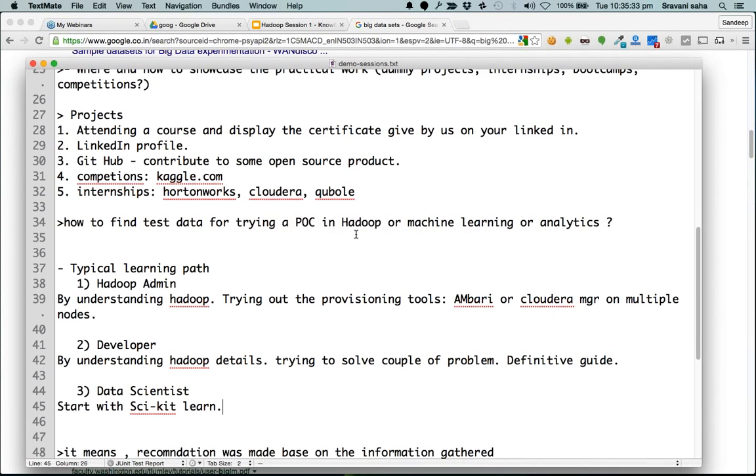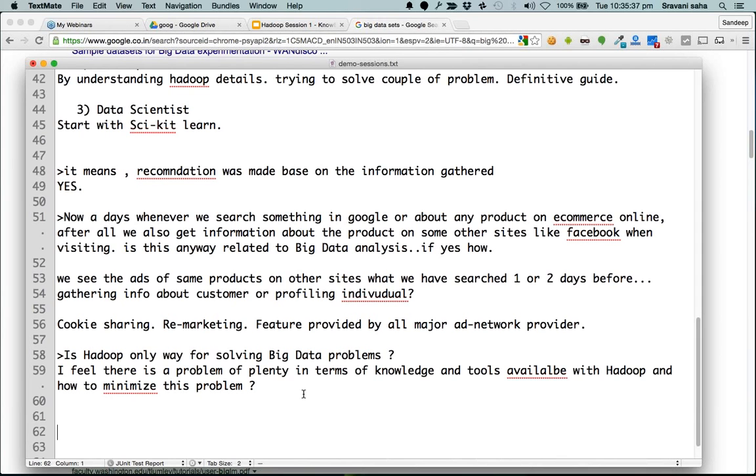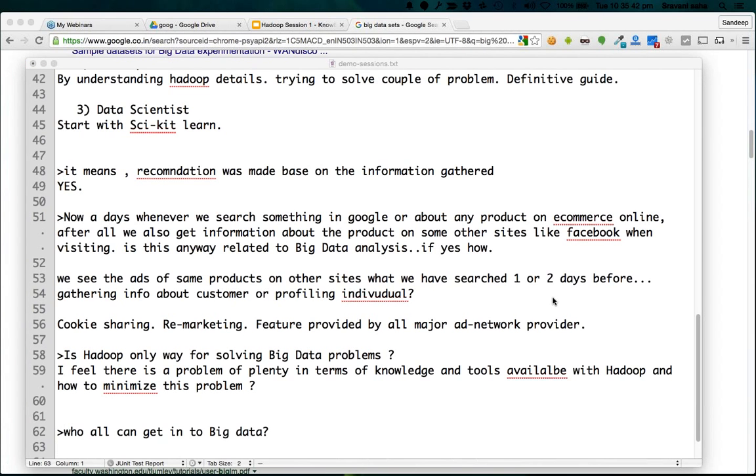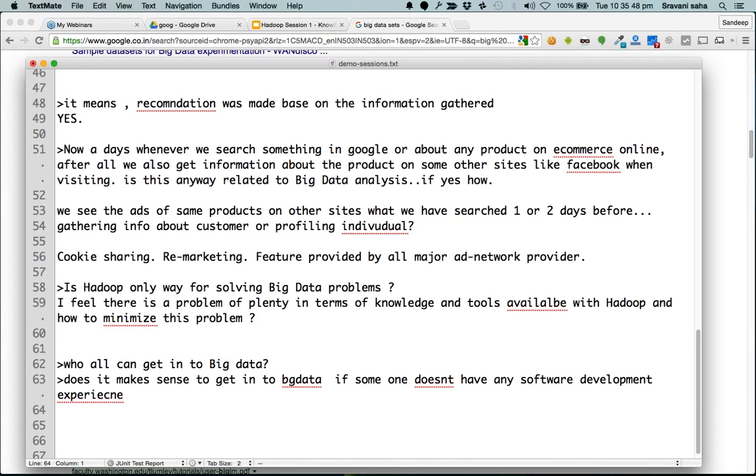Now there is a question from Sridhar. Who all can get into big data? Very good question. I think almost all of you would be having this question.